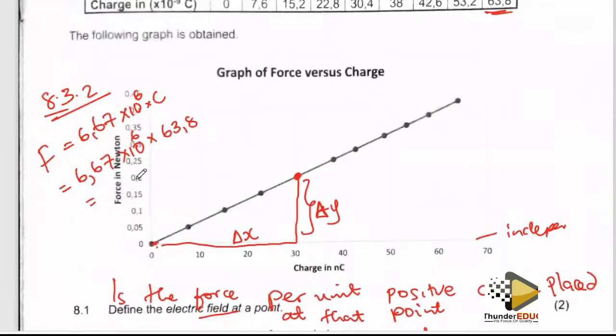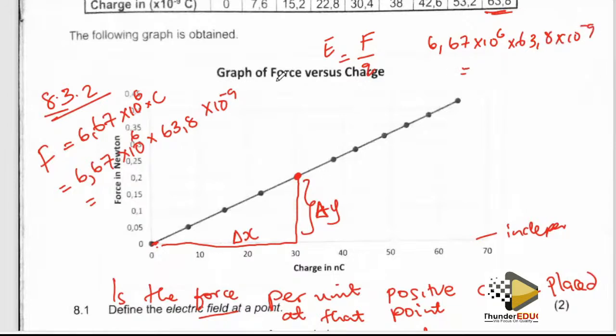But if we look at it, remember it's force over the charge, force over Q, which is like the electric field. So if this electric field is 6,67 times 10 to the 6, but I meant to multiply this by 10 to the -9.